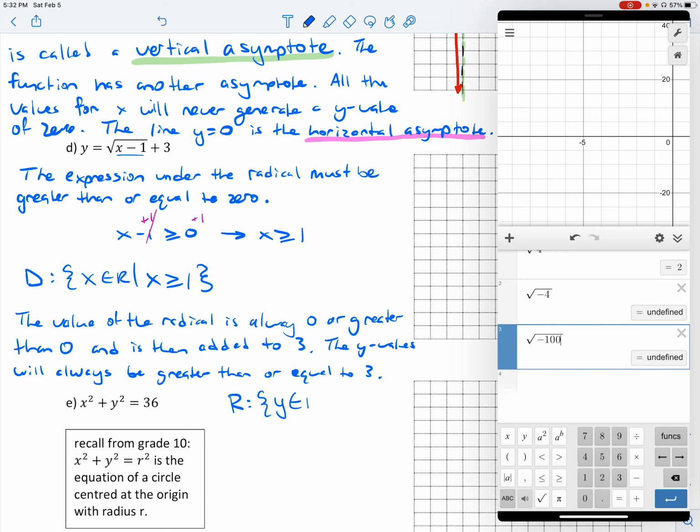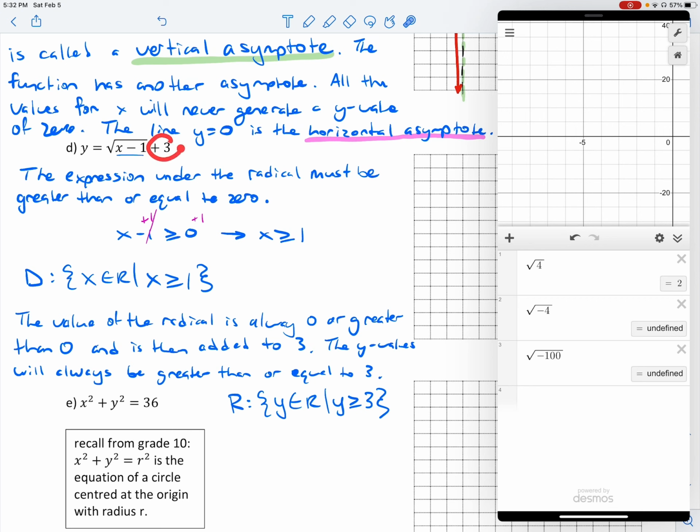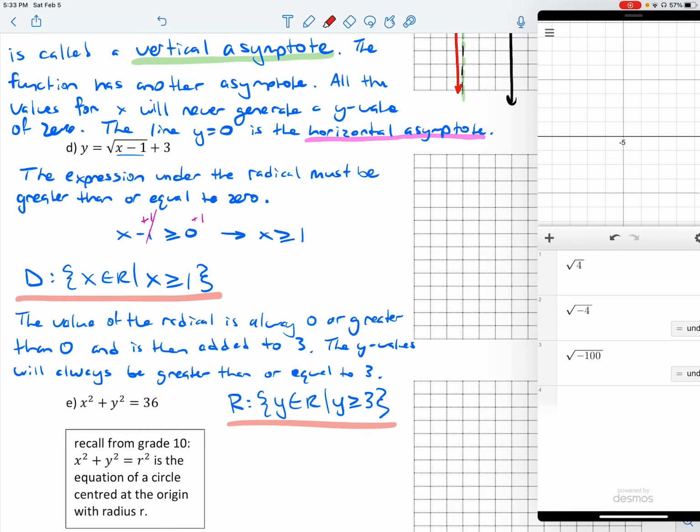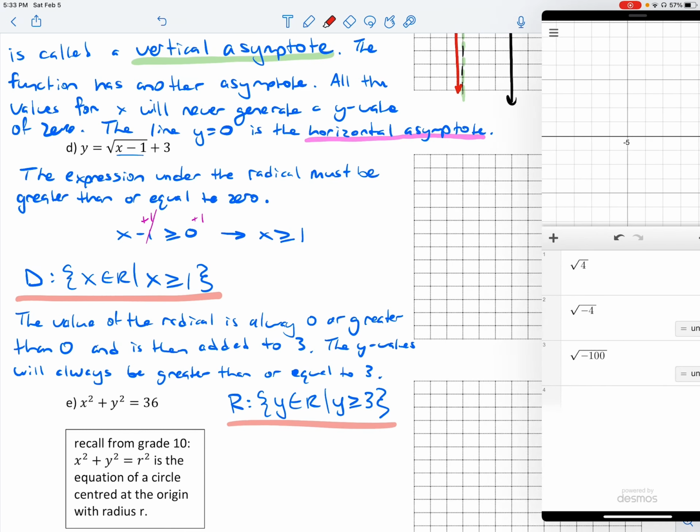The y values are an element of the real numbers, and y will always be greater than or equal to 3. If there was no plus 3 at the end of this equation, it would just be 0 here. Y would always be greater than or equal to 0. All right, let's just highlight those answers real quick. So that's the domain and that's the range.